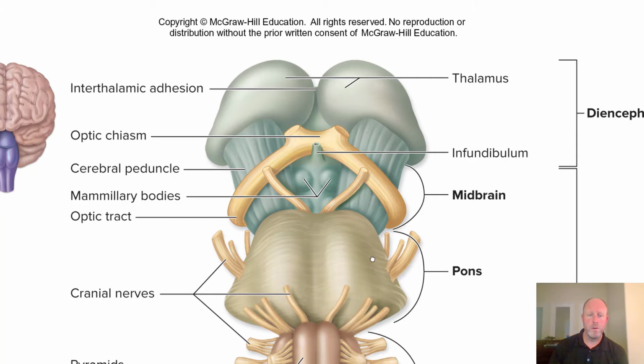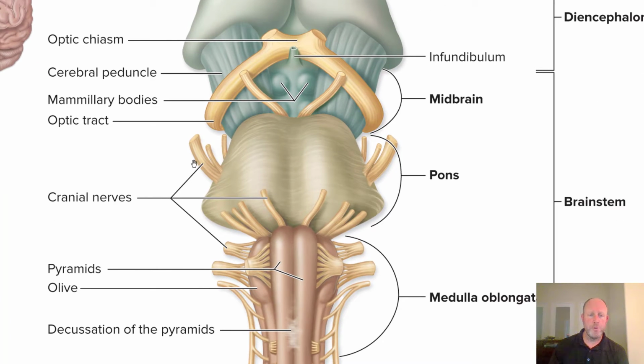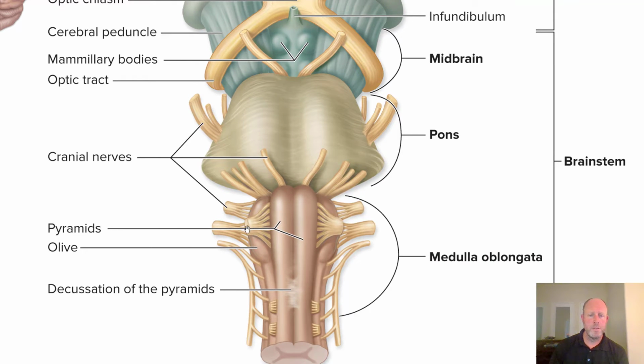We have our cranial nerves, the same on either side, obviously. The cranial nerves protrude here, part of the pons. Then we have our pyramids here, part of the medulla oblongata, an olive on either side, and the decussation of the pyramids here.